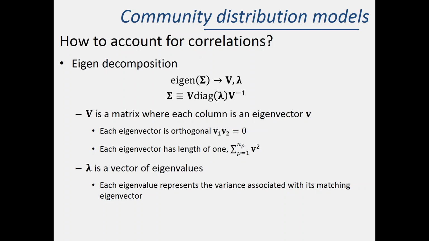Each of the eigenvectors is orthogonal to every other vector, which means that the inner product of every pair of eigenvectors is 0. And every eigenvector is defined to have a length of 1, such that the eigenvalue corresponding to an eigenvector represents the portion of variance that's explained along a certain axis.